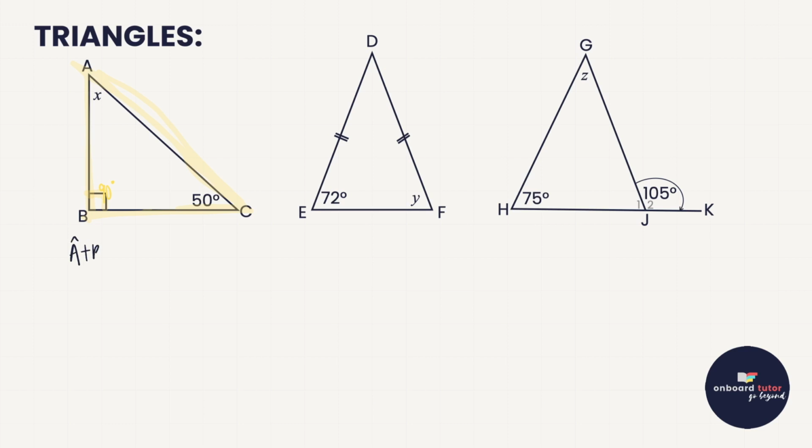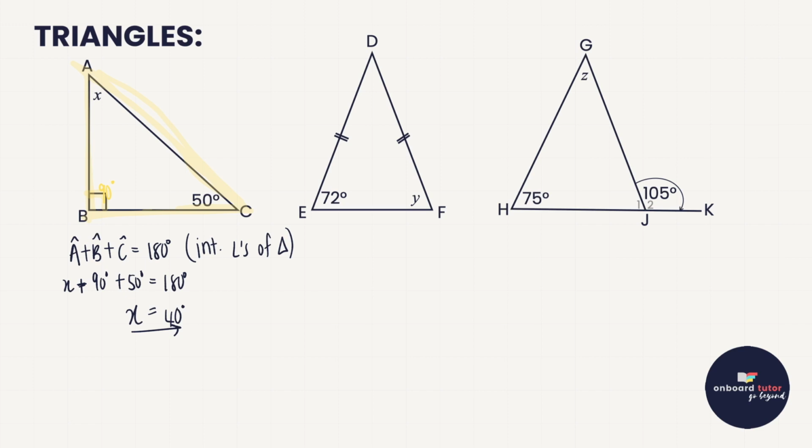Angle A plus angle B plus angle C adds up to 180, and the reason is interior angles of a triangle. Now I can substitute. A is X, X plus, B is 90, C is 50, and then we just need to solve. So 180 minus 90 minus 50, that'll be the answer there for X. So X is 40 degrees.